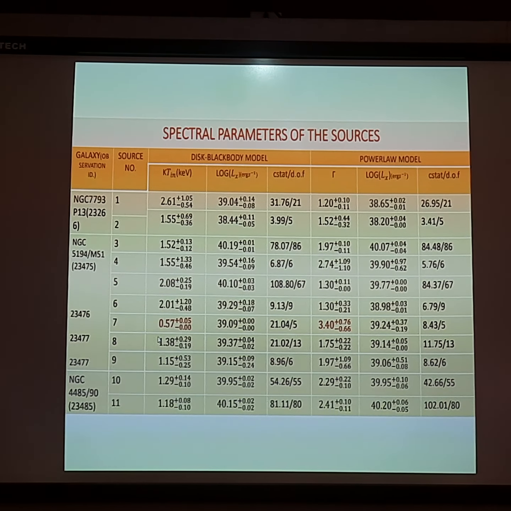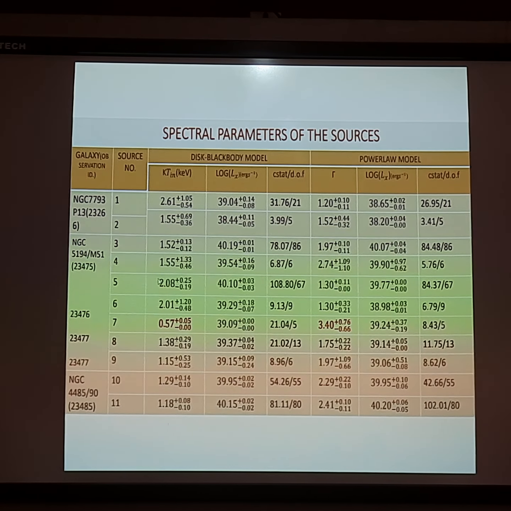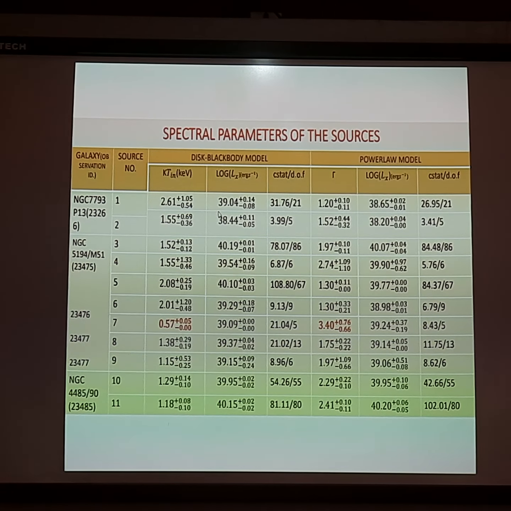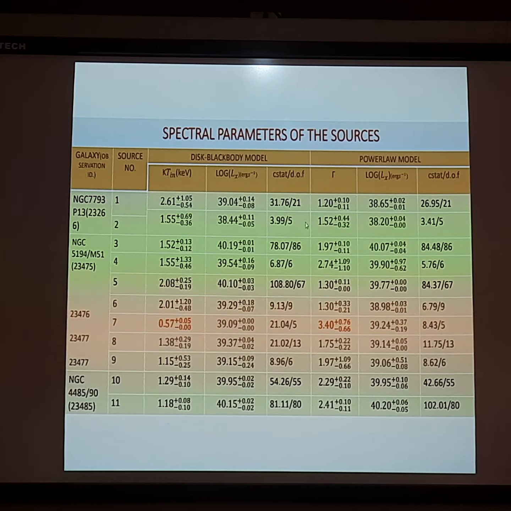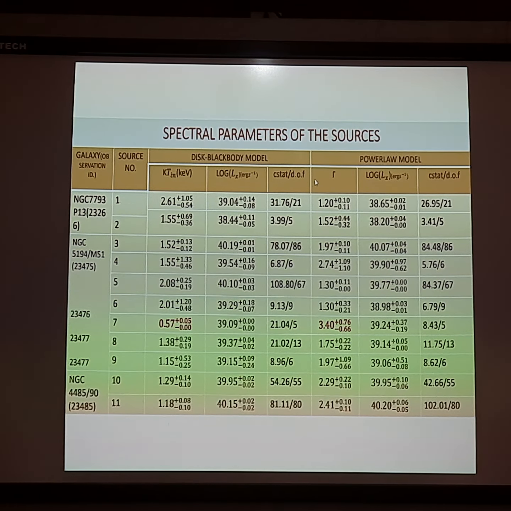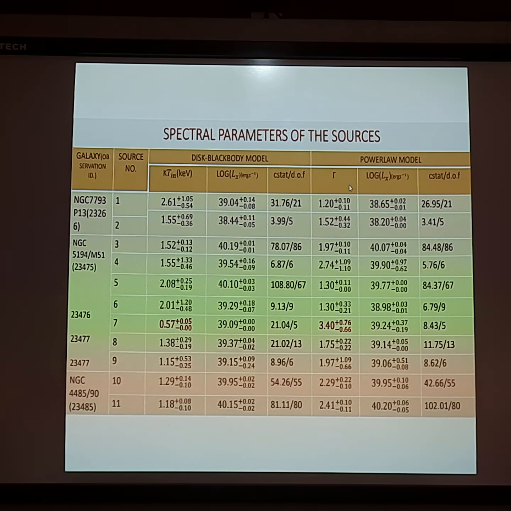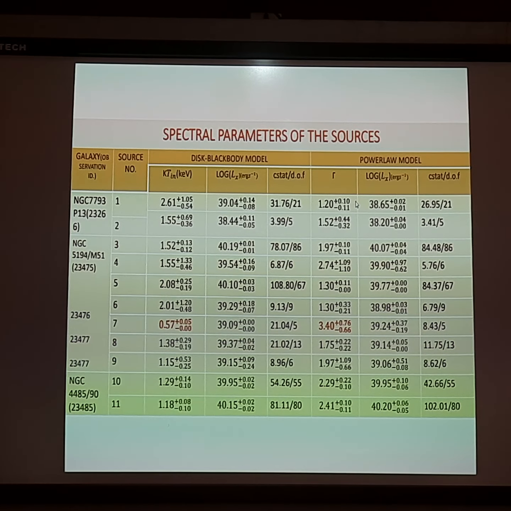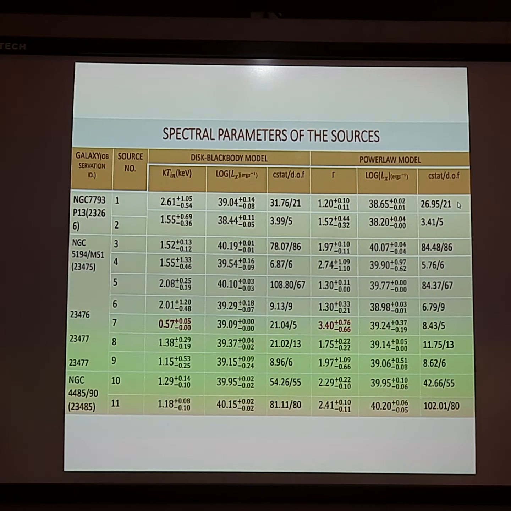These are the inner disk temperatures of the sources that I got using the disk blackbody model. This is the log of the luminosity that I have calculated, and this is the reduced C-stat. Similarly, this is the photon index gamma from the power law model, and this is the log of the luminosity, and this is the reduced C-stat.